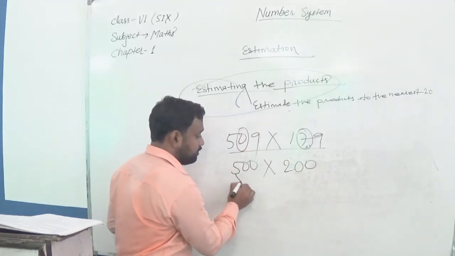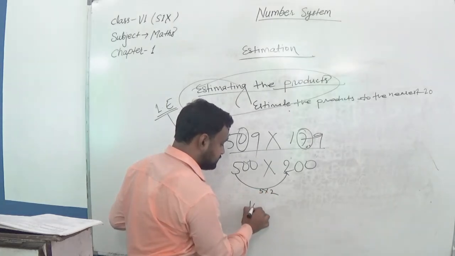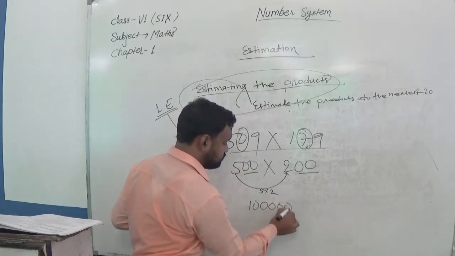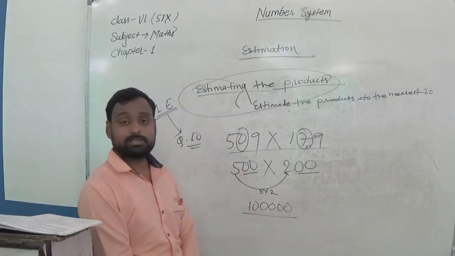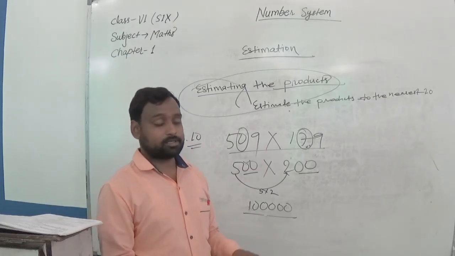What we will do? 5 multiply 2, it will be 10, and 2 plus 2 zeros, 4 zeros. In this way we can estimate the products.